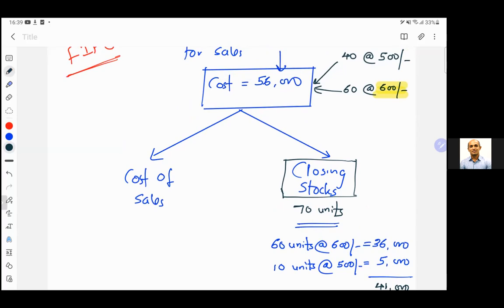Then how much is cost of sales? If recent price goes to closing stock, then cost of sales is valued at old prices. You have sold 30 units.